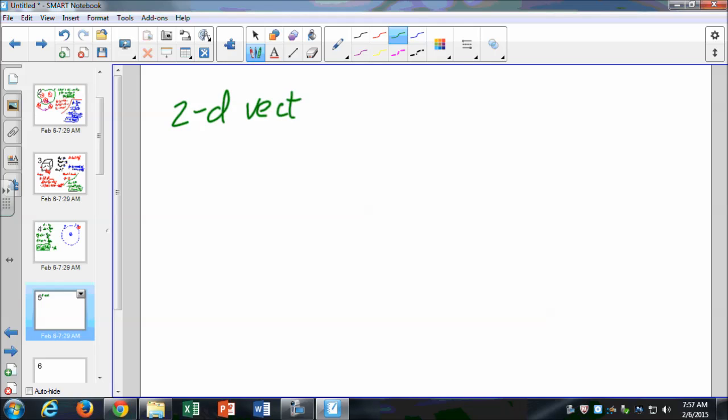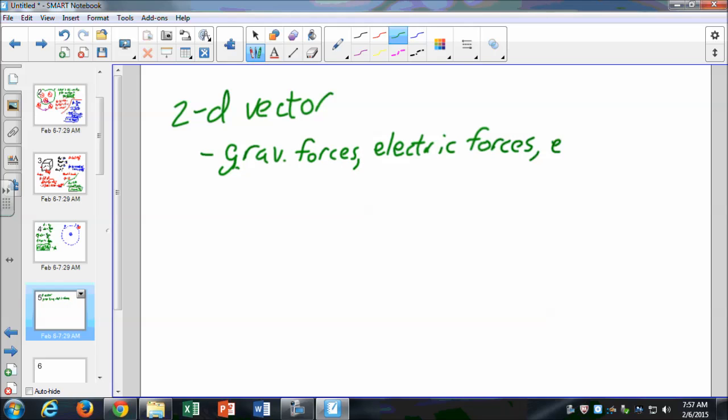You had several examples like this in your homework. So, for example, it could be either gravity forces, it could be electric forces, or it could be electric fields. They all work out the same way.